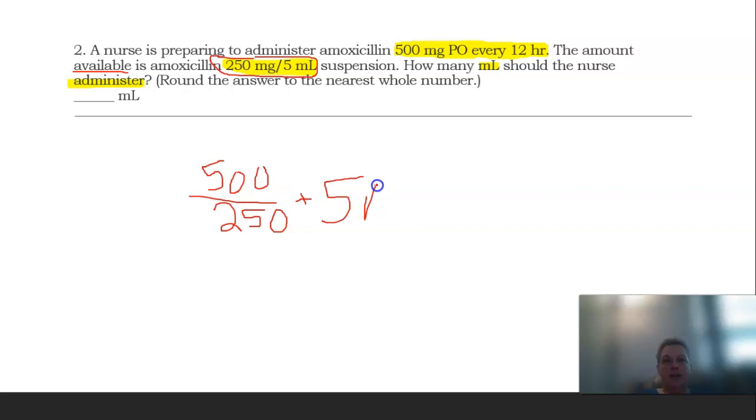That's going to give me milliliters. These are milligrams. This is milliliter. Right? So when I do the math, it's going to say 10.